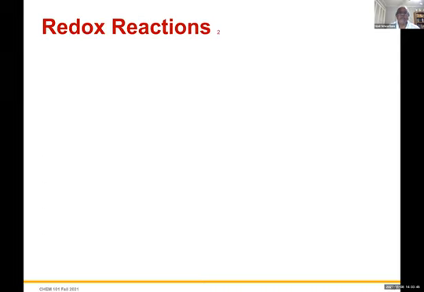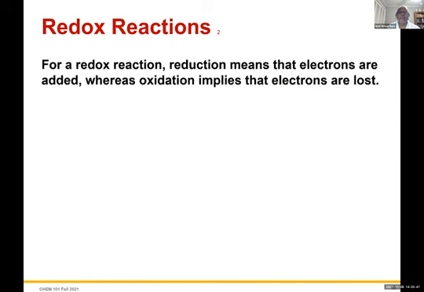So you can tell which half reactions are oxidation and which are reduction. There are ways to remember this: use mnemonics.